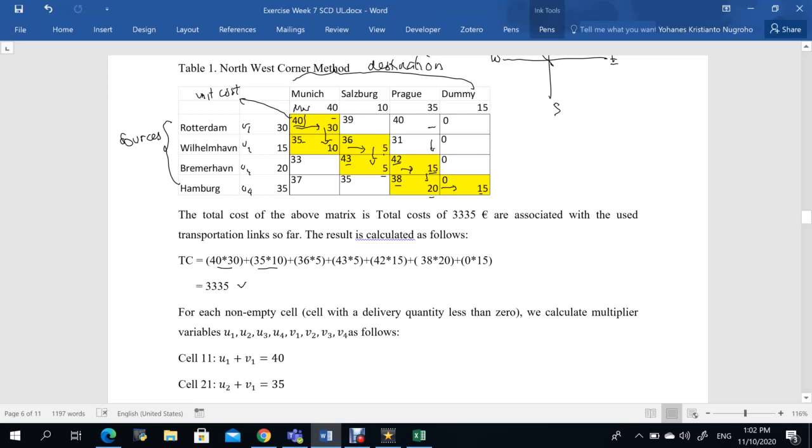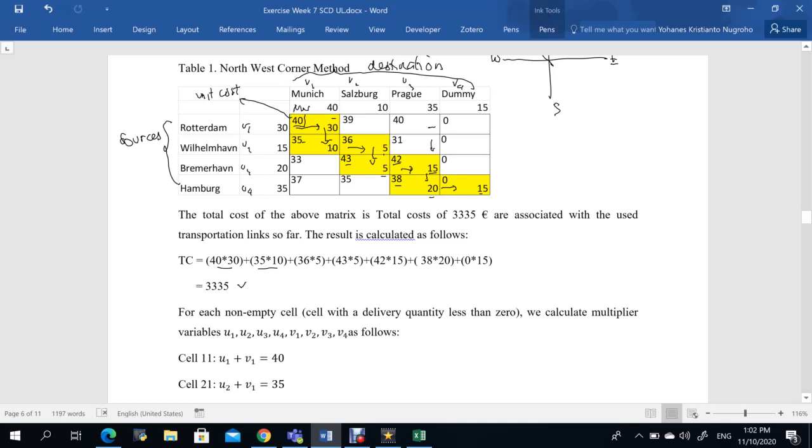This cost column is for calculating the multiplier variables. And in the destination rows, we have Munich, that is phi 1, phi 2, phi 3, and phi 4.